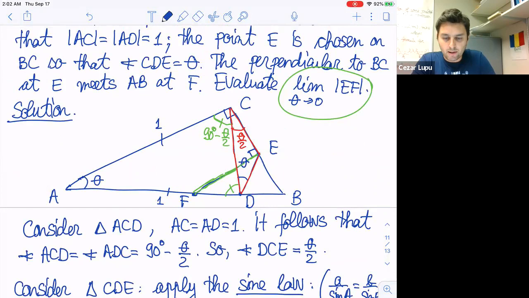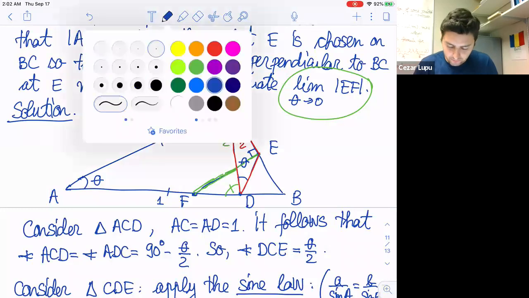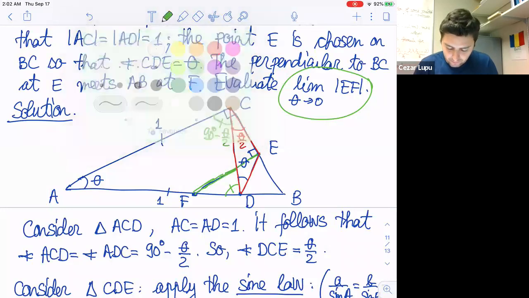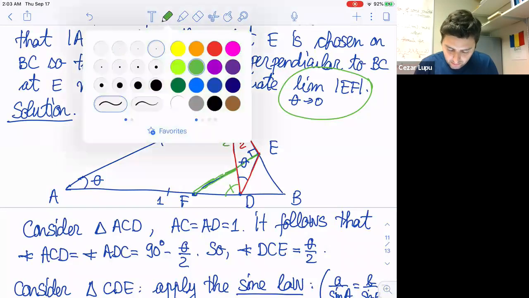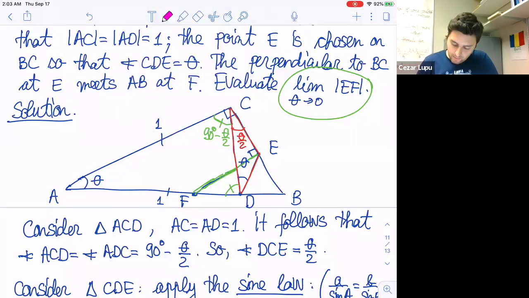So I need to look at another triangle. Now let me look in this triangle. In fact, let me look here: E, B, and D.